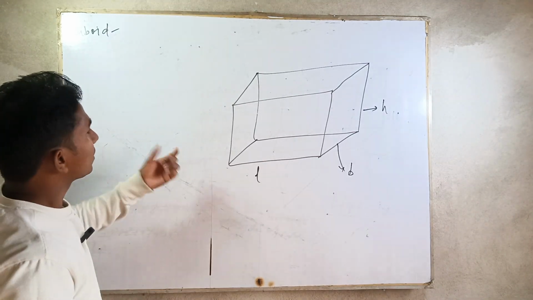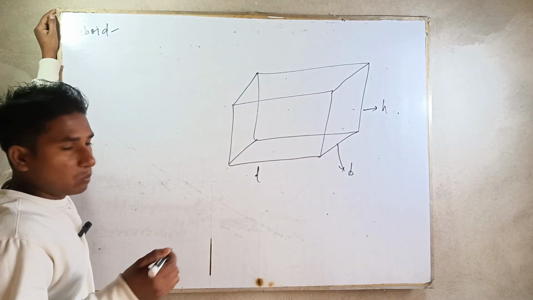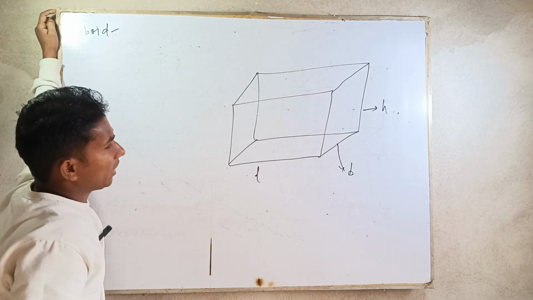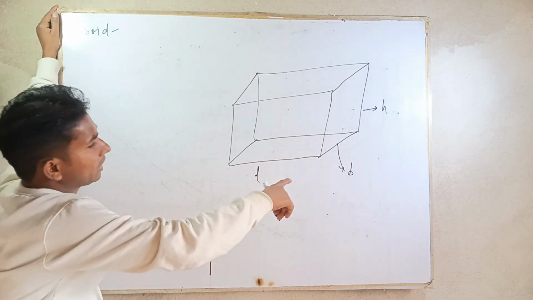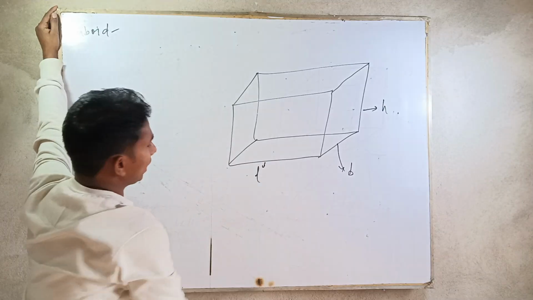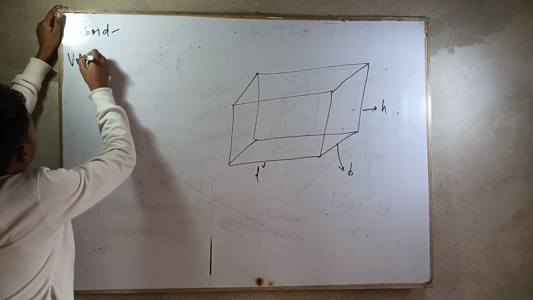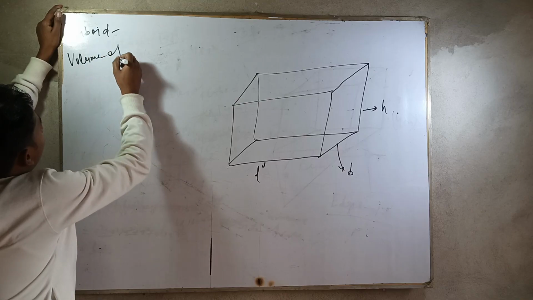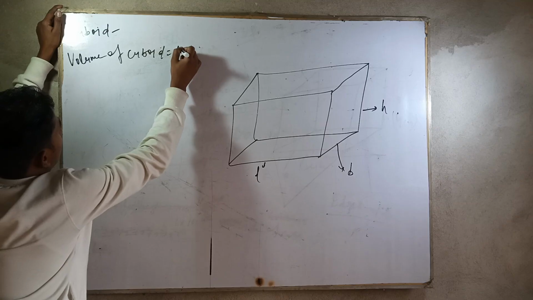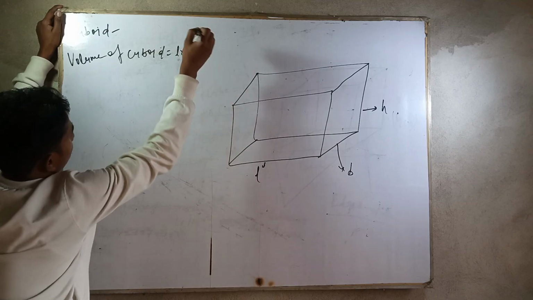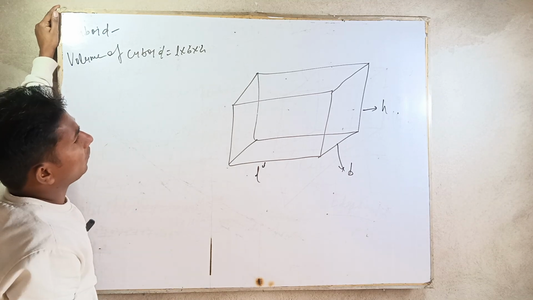Now, to find the volume of this cuboid, I need to multiply length, width and height. Volume of cuboid equal to L into B into H. L into B into H. This one is the volume of the cuboid.